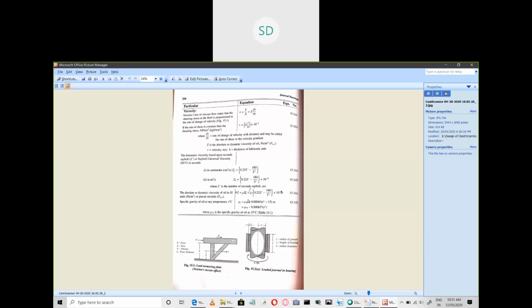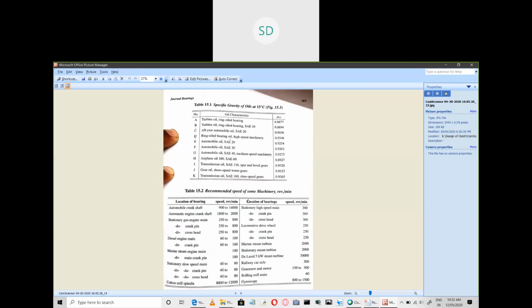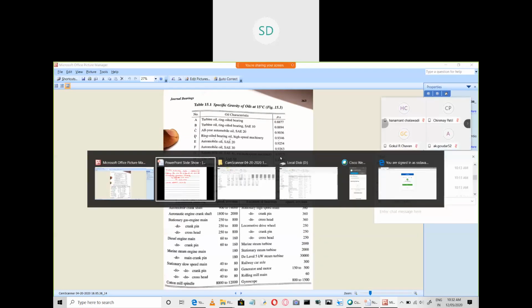Now let us go for the calculation of specific gravity. How much for G? 0.925.